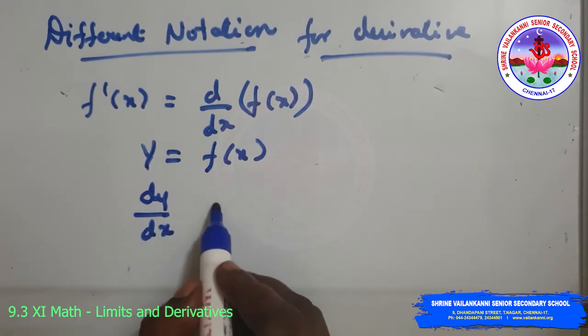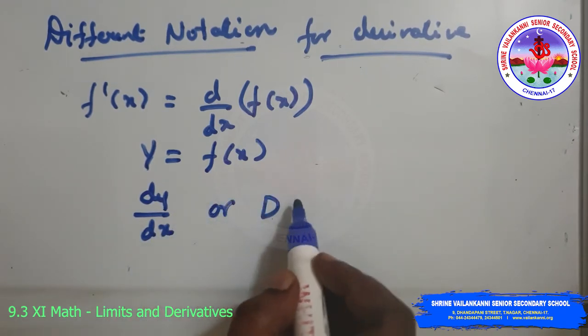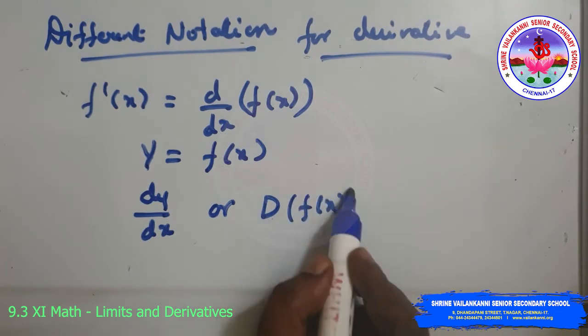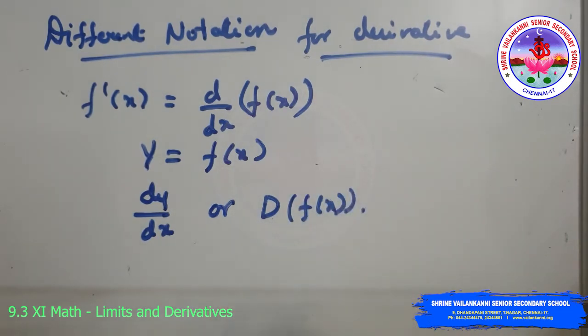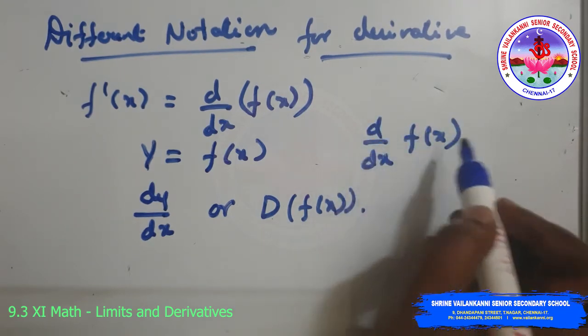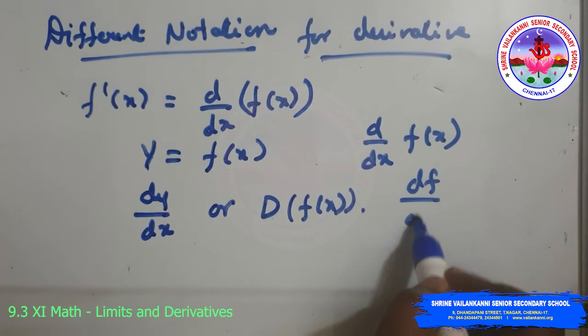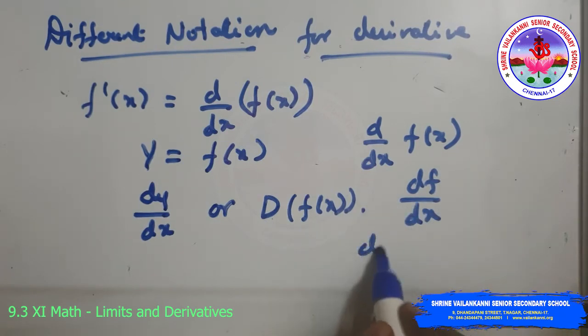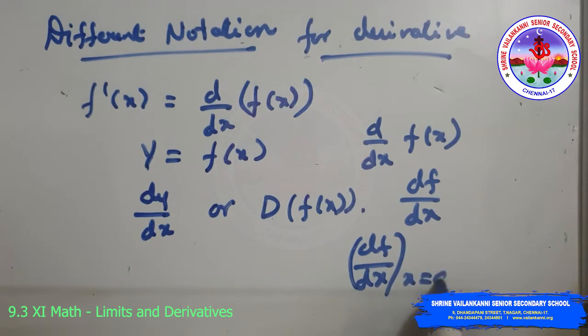It is also denoted by capital D of f of x. Further, the derivative of f of x at x equal to a is also denoted by d by dx of f of x, or df by dx, or df by dx at x equal to a.